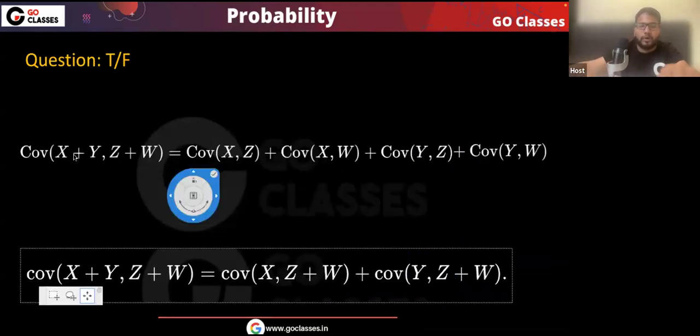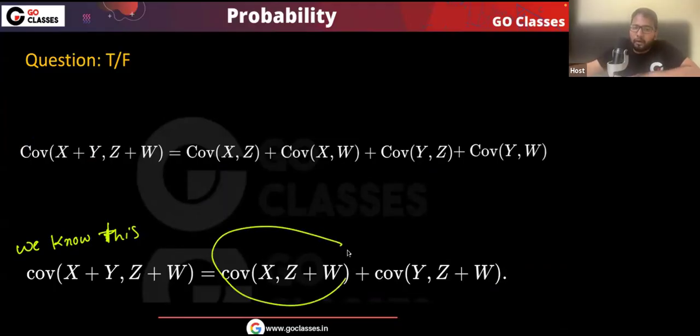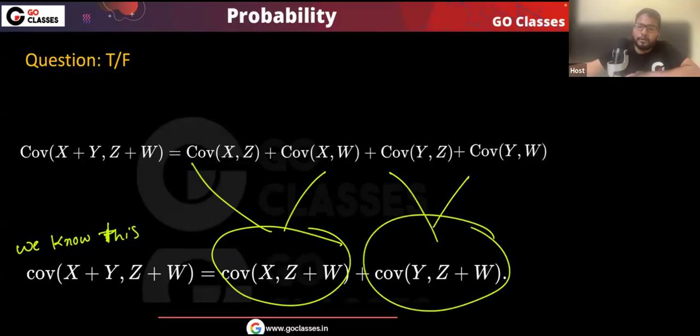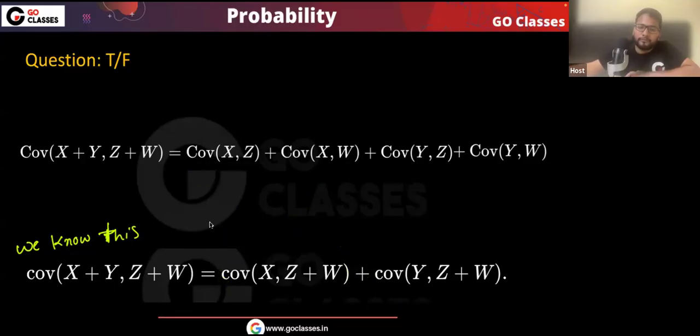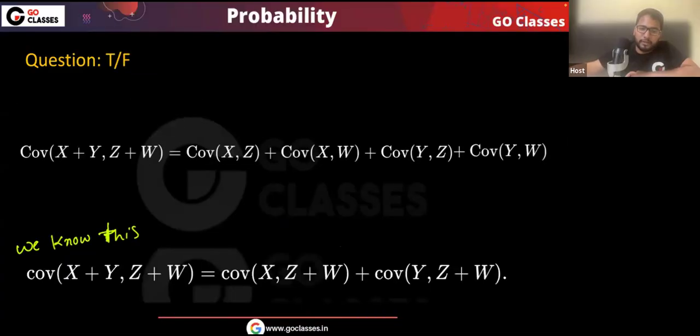So we know this. Now, can you see this? I think here you can unfold it one more time. Here also you can unfold it one more time, right? So this is also true.